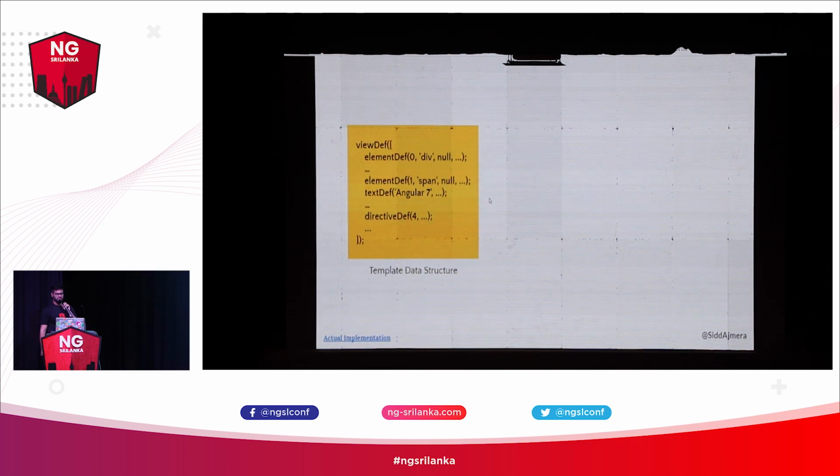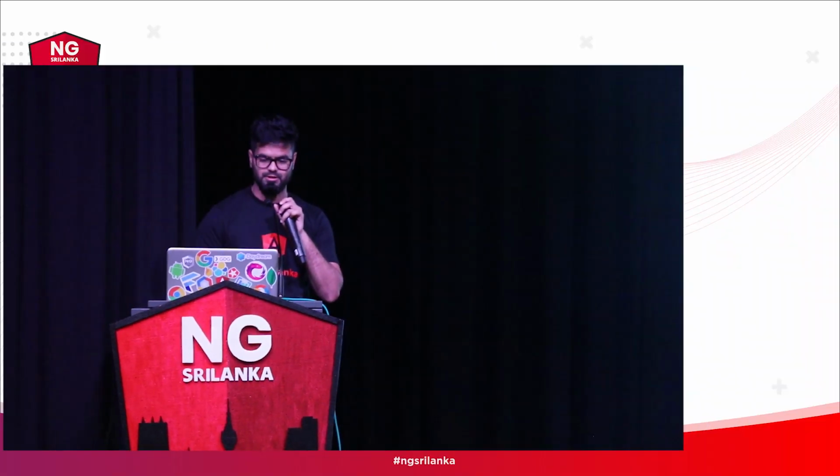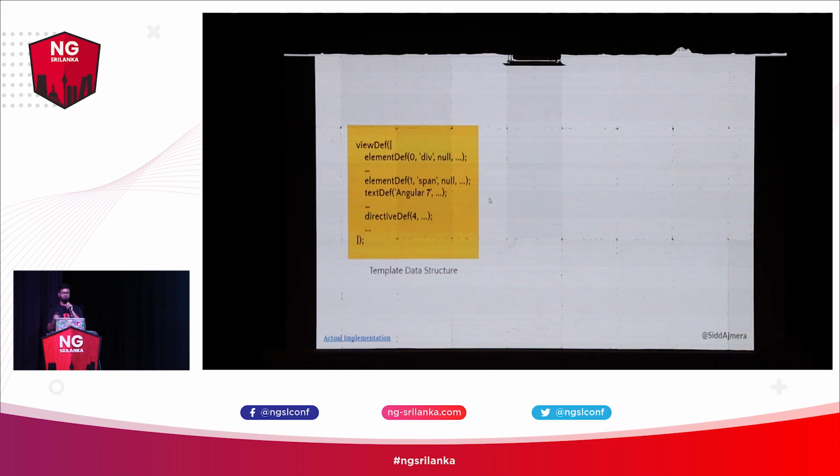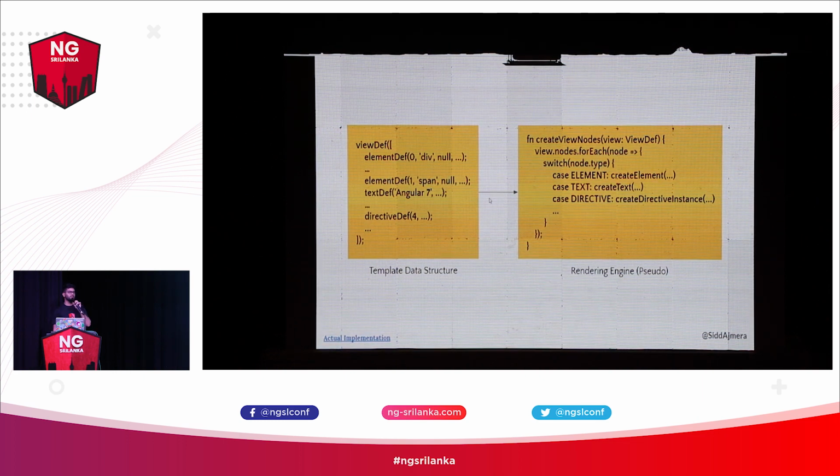this template data structure that we have here that gets generated by the view engine is going to run through the Angular interpreter, right? So this is a pseudo implementation of Angular's rendering engine. This is how it would look if you implement it in a pseudo manner.